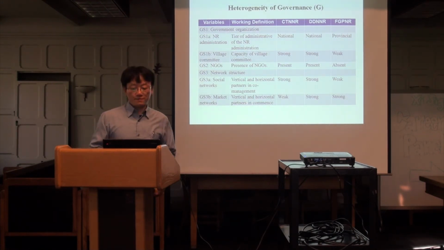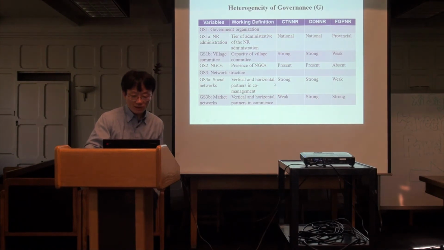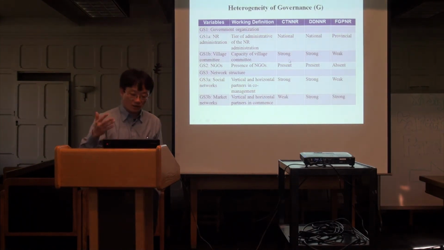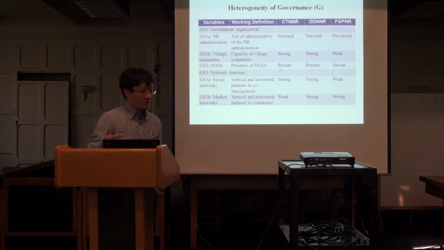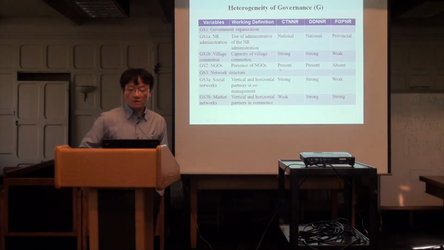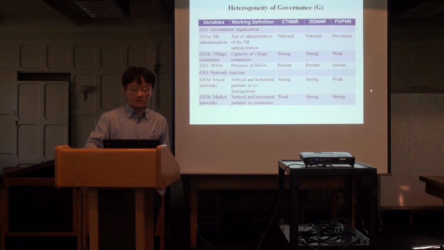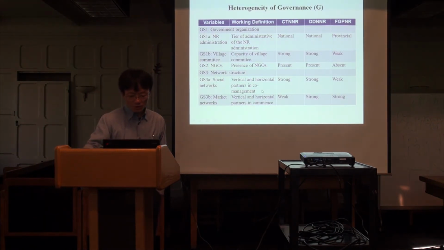That's something different. So the capacity of the village community for the first and second is also very strong. And for the presence of NGOs, for the first and second, they are present, but for the third one they are absent. The network structure for the first and the second, meaning the structure in co-management, is strong, but the market network for the second and the third is very strong.